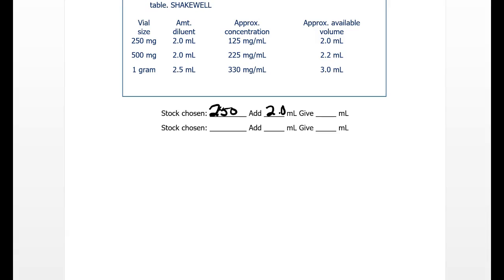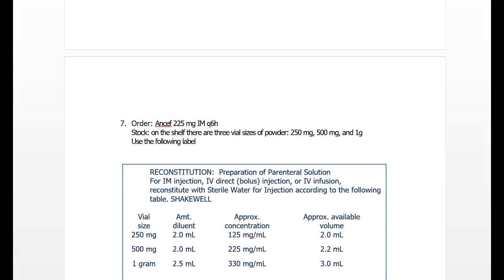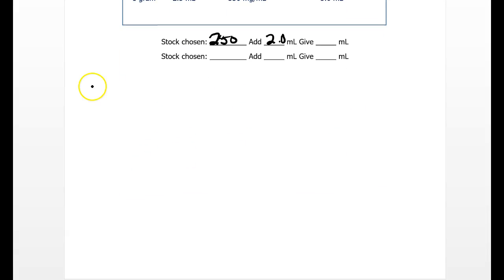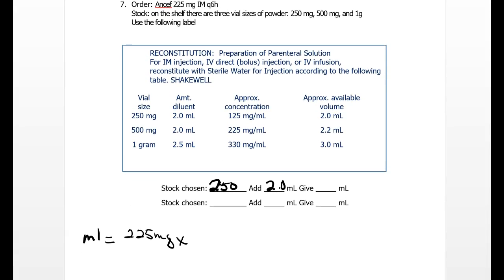So our order is for 225 milligrams. I'm looking for milliliters. It's 125 per milliliter if I use the 250.